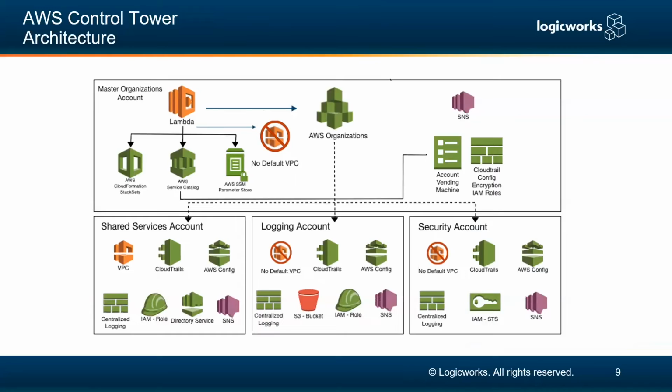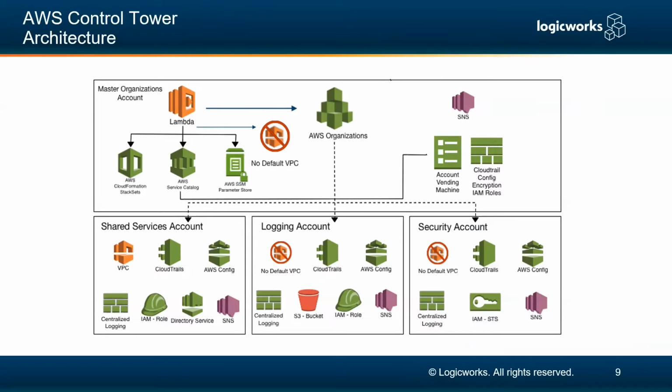With a traditional Control Tower architecture, it'll launch with 4 accounts: a master account, a shared services account, a logging account, and a security account. The master account's really going to be Organizations, account vending machine or Account Factory, and AWS Service Catalog. Shared services is going to create the VPC and then make sure things like CloudTrail and Config are enabled.